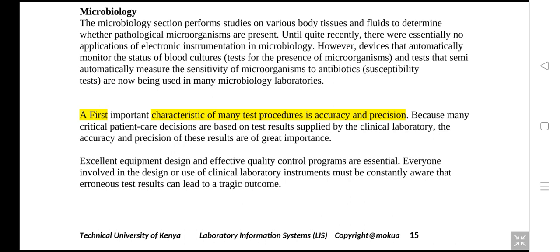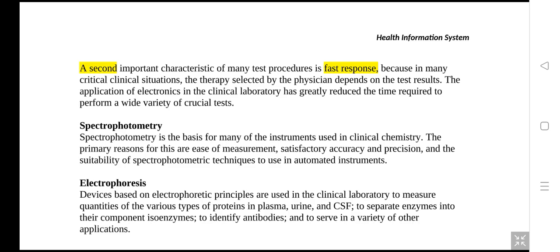Everyone involved in the design or use of critical apparatus and instruments must be constantly aware that erroneous test results can lead to tragic outcomes. That's what I've just explained. You are talking about a lady who is giving birth and you report the count as 100 when it's supposed to be 150. You are saying that she is within range when she's actually out of range.